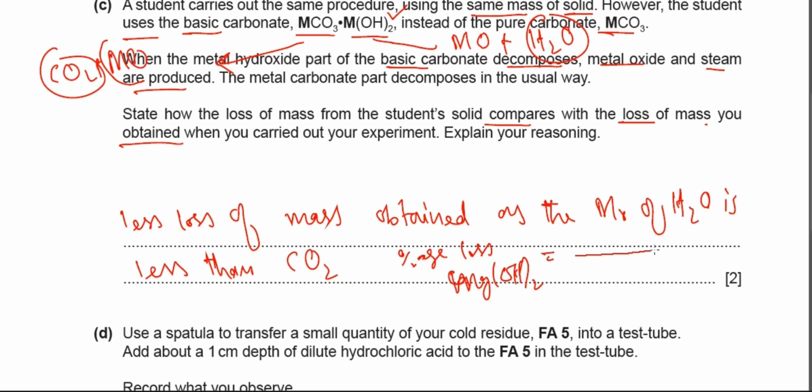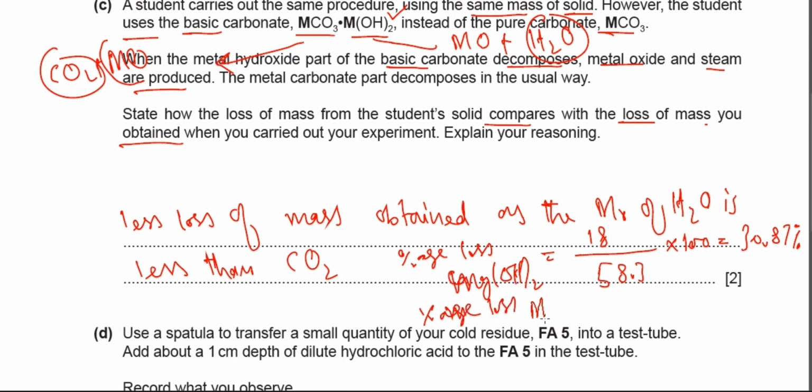You know the molecular mass of water is 18, as 1 mole of steam is formed, divided by the molecular mass of magnesium hydroxide, which is 58.3: magnesium is 24 plus 32 plus 2, so 58.3, times 100. This will give us almost 30.87%.